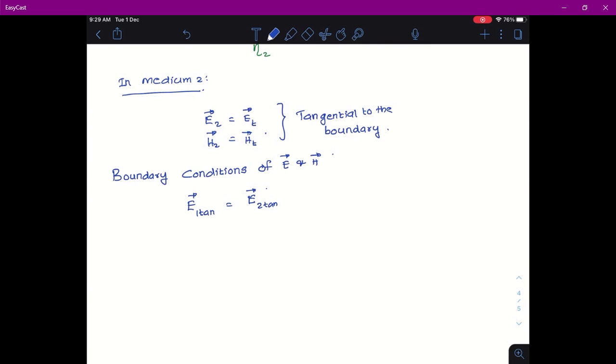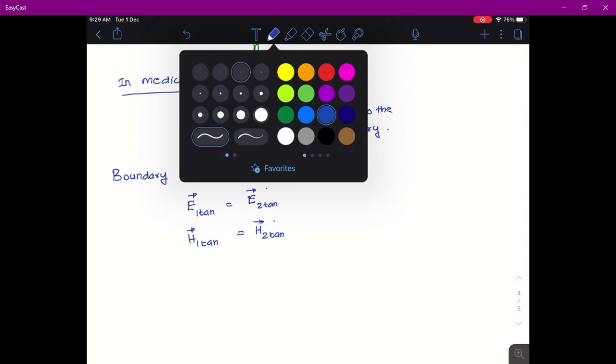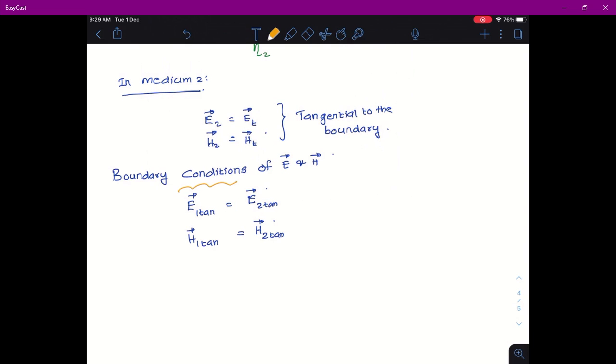Since it is a source free region, we don't have a rho v. Similarly, the tangential component of the magnetic field in the first medium is equal to the tangential component of the magnetic field in the second medium. This is the boundary condition that we derived two classes back, and this we are going to apply.